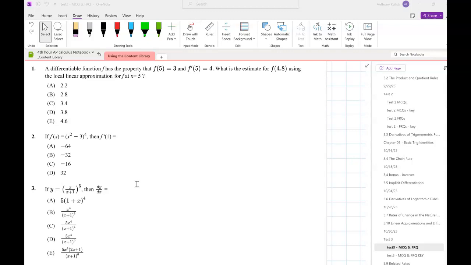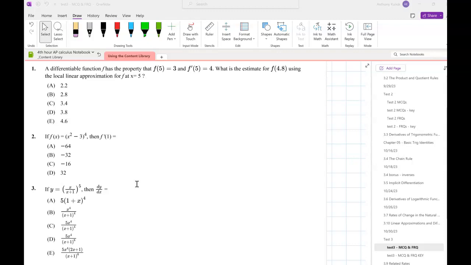So Christian wrote his tangent line equation: y equals 3 plus 4 times x minus 5. He did point slope and then added the y1. Whatever, that equation is fine. It doesn't matter because we're just looking for a number anyways.